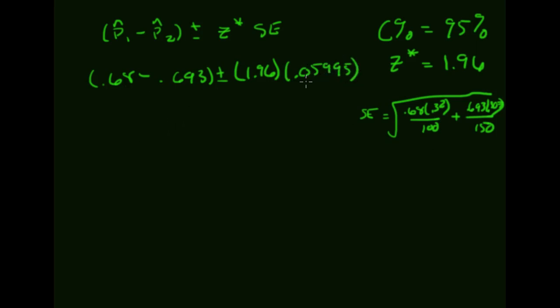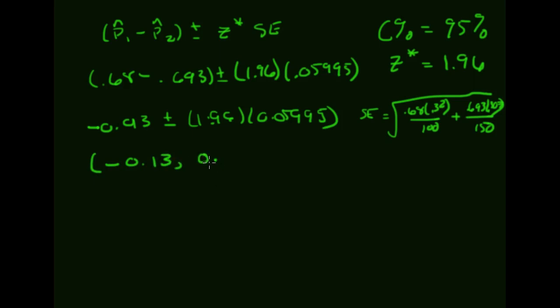So if you take that interval, you end up with negative 0.013 plus or minus 1.96 times 0.05995, which on the low end gives me around negative 0.13, and on the high end around 0.10-ish. Now there's going to be some rounding error in here, and some issues with significant digits, so we're just going to hang that there.